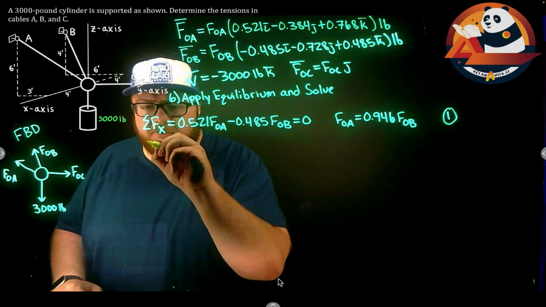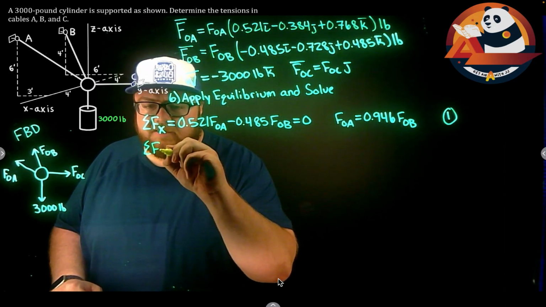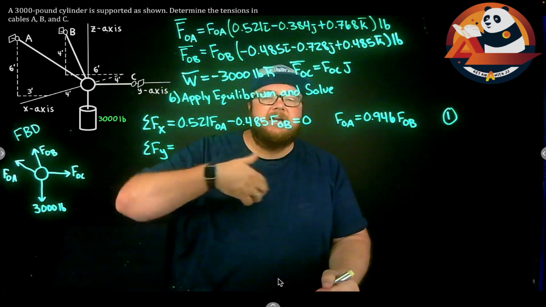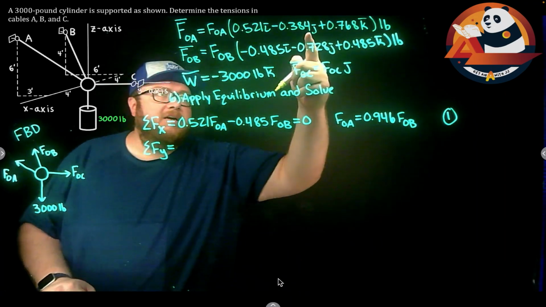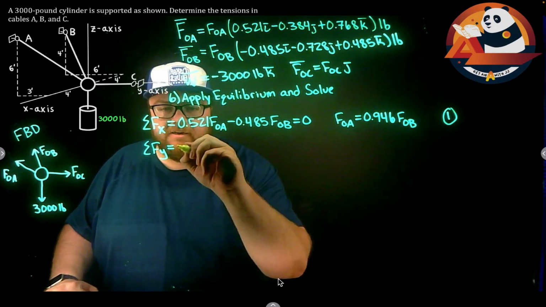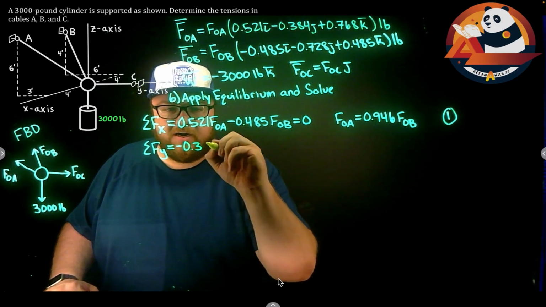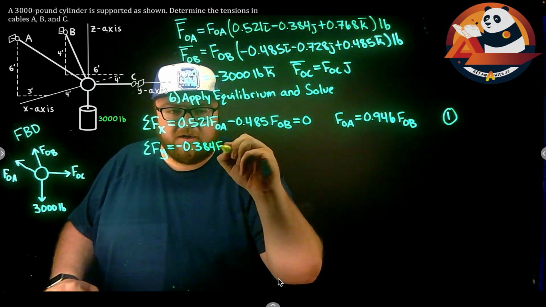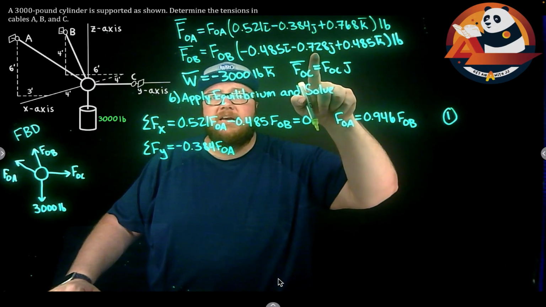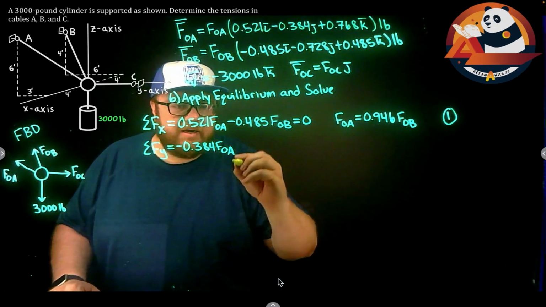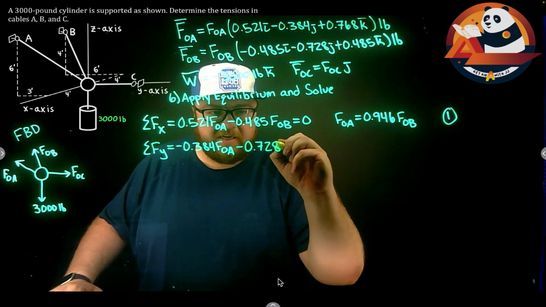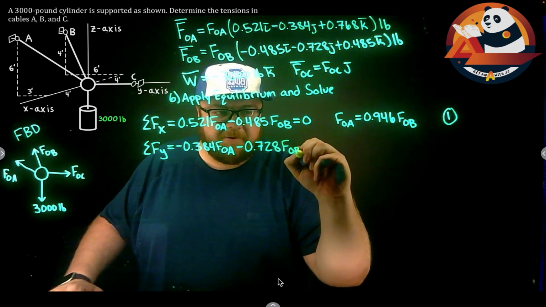Let's sum our forces in the y direction. Summing forces in the y, I have y goes with j, so I'm just going to grab all my j terms in here. So negative 0.384 FOA, minus 0.728 FOB.